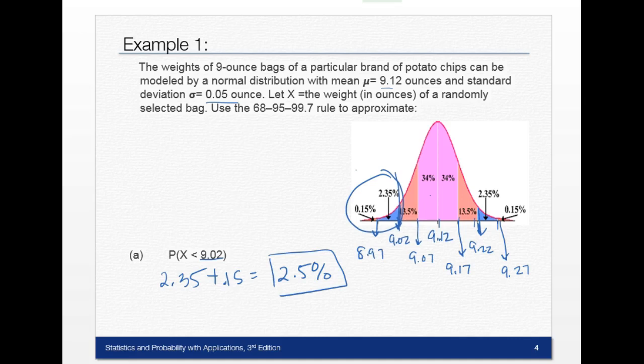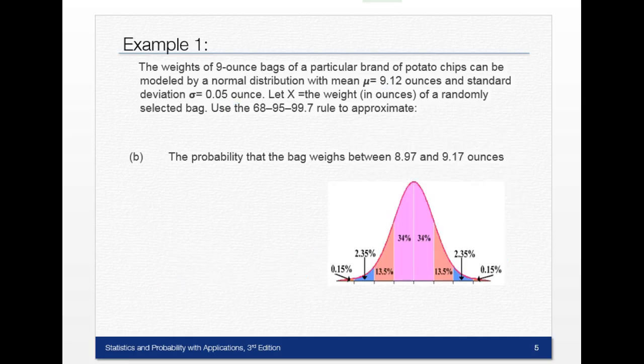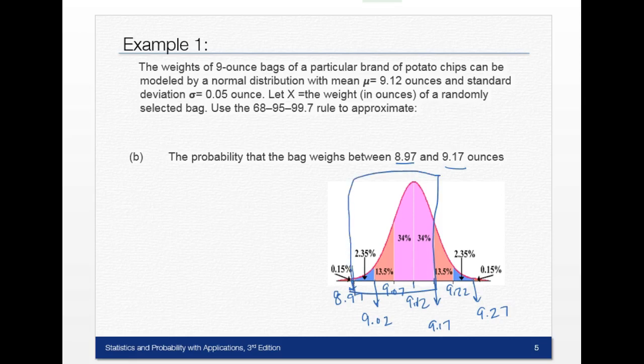Same scenario, different question. All right, I'm going to put in those boundary values again that we just had. All right, so my boundary values are in. Now I look at the question. It says, what's the probability the bag weighs between 8.97 and 9.17? So I look at my graph and I section off what it is that I need. I need all of this section right here. So what do I have to do?